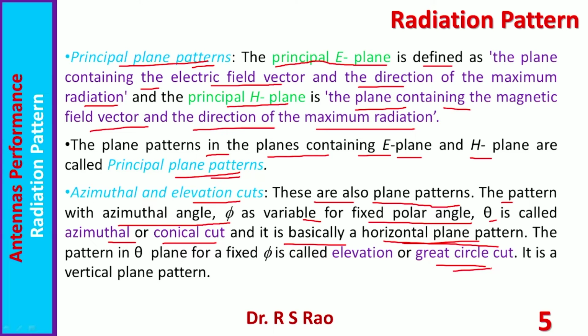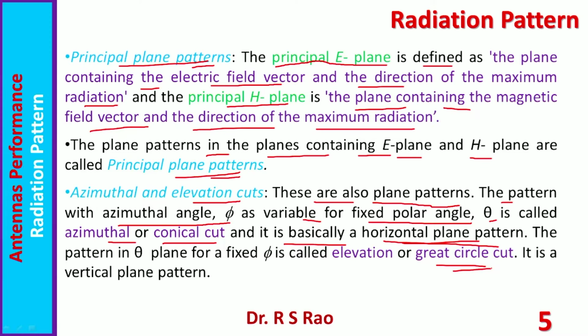It represents the space pattern in certain planes. We also come across principal plane patterns, which are plane patterns in principal planes. The importance of principal plane patterns is that they are able to give as much information as given by space patterns.